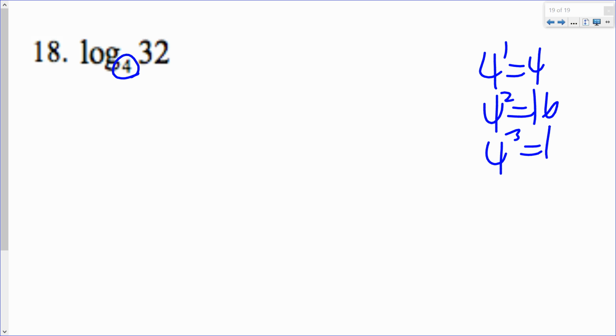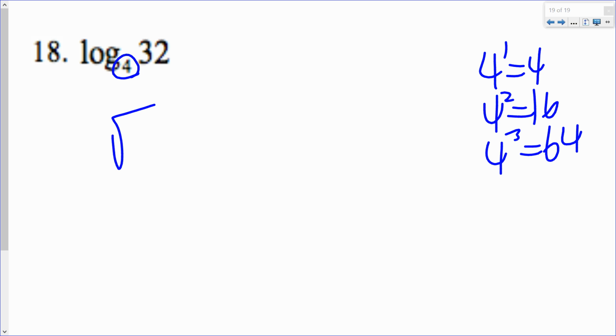This is saying 4 to what power is 32? Well, 4 to the first is 4. 4 to the second is 16. 4 to the third is 64. So I know it's not an integer. If it's not an integer power, then it must be a fractional power. So is there a root that I can take of 4?